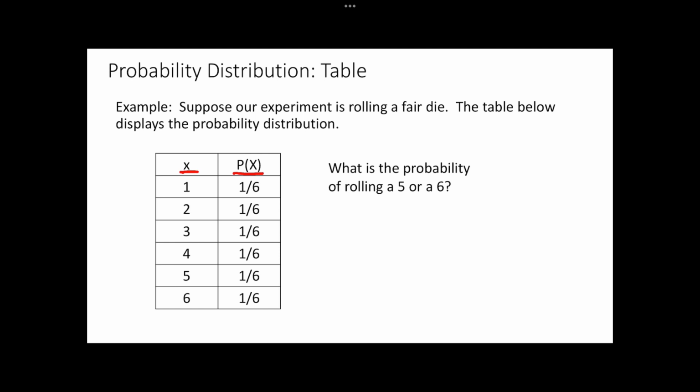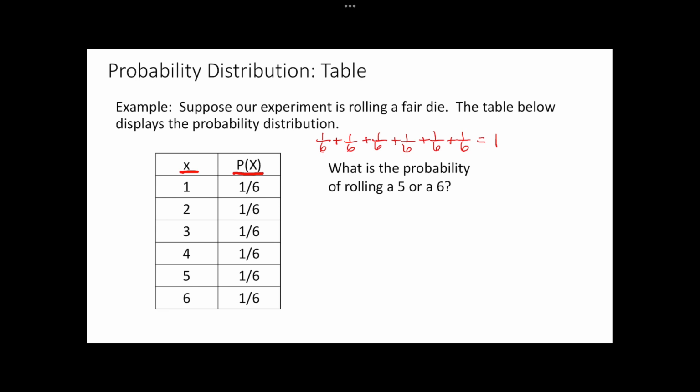Now remember, the other condition to be a probability distribution was that if I add up all of the probabilities, it adds up to 1. Now you can see if I add up all the probabilities in my probability distribution, I have 1/6 added to itself 6 times, and so that's going to equal 1. Now I can use the probability distribution to find probabilities.